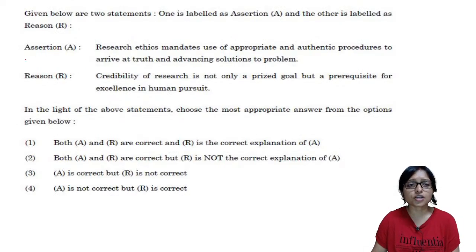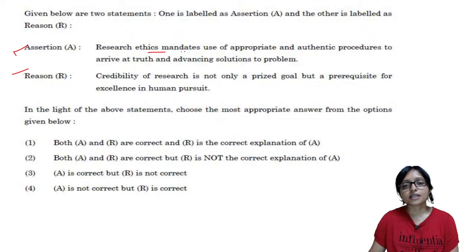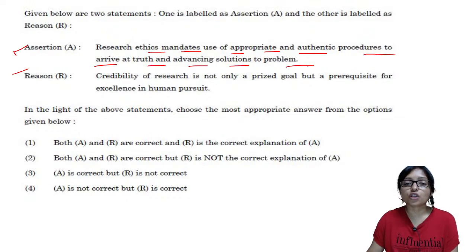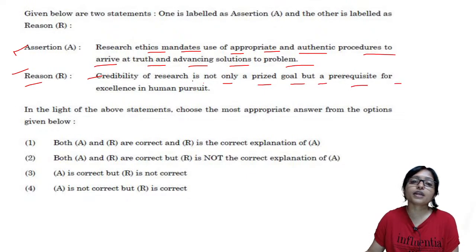Here do this one, assertion and reason. Research ethics mandates the use of appropriate and authentic procedures to arrive at truth and advise solutions to problems. Reason: credibility of research is not only the prized goal, but a prerequisite for excellence in the human pursuit.